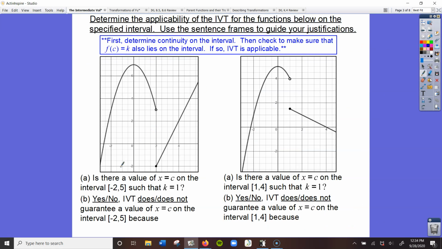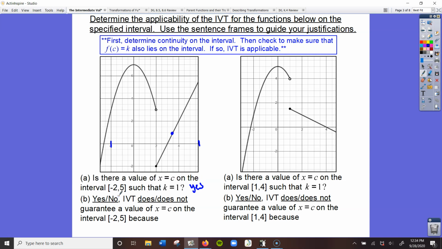So here, is there a value of x is equal to c on the interval -2 to 5 such that k is equal to 1? So here is -2, here is 5, k is equal to 1 is right here, which we do have a value, it's somewhere over here. So yes, there is a value of x is equal to c on the interval -2 to 5.